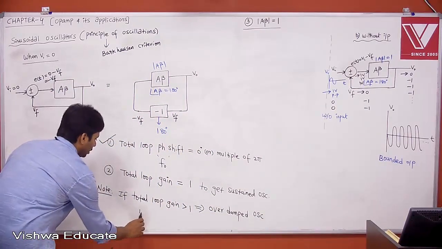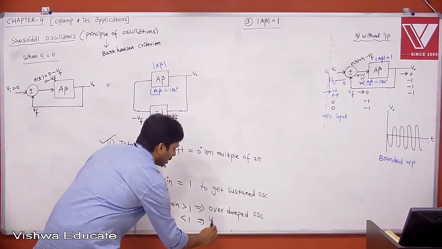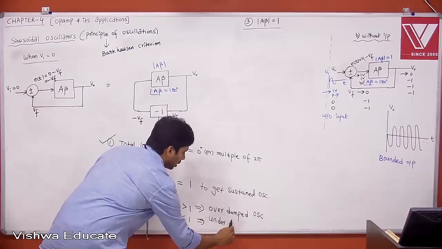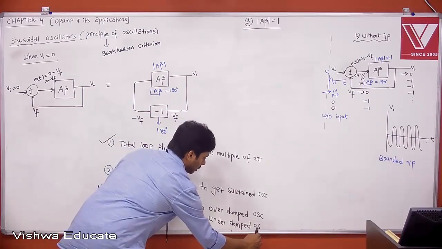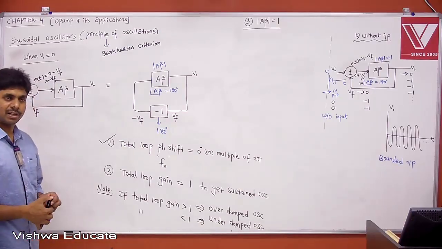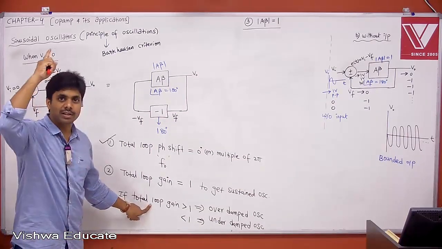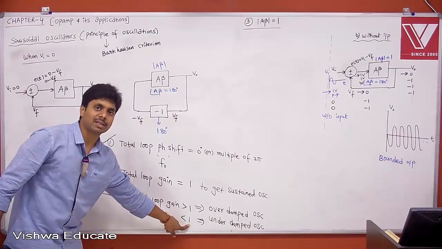If total loop gain is less than 1, what do you get? Under damped oscillations. I think this is what I explained, right? This is nothing but case 1, mod A beta greater than 1. This is case 2, mod A beta less than 1.